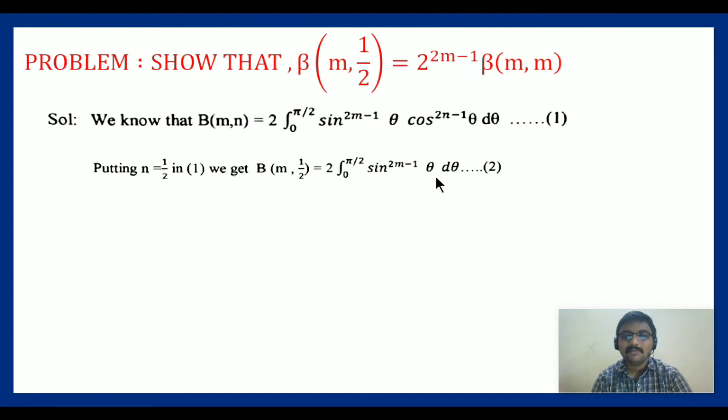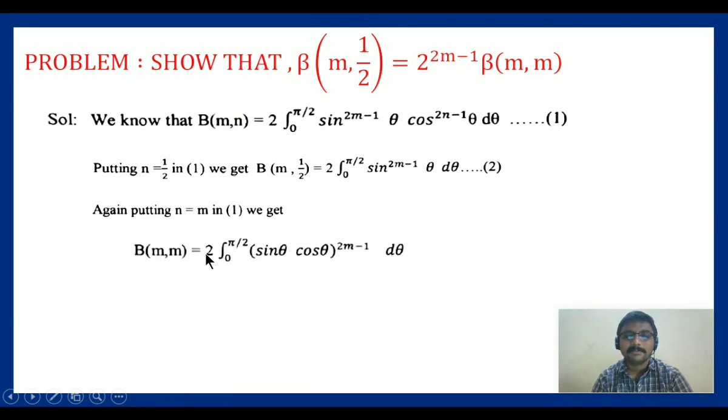So we have beta of m comma half as 2 into integral of 0 to pi by 2 sine power 2m minus 1 theta d theta. Let it be equation number 2. Now again putting n equal to m in equation 1, we get beta of m comma m is 2 into integral of 0 to pi by 2 sine power 2m minus 1 theta cos power 2m minus 1 theta d theta.